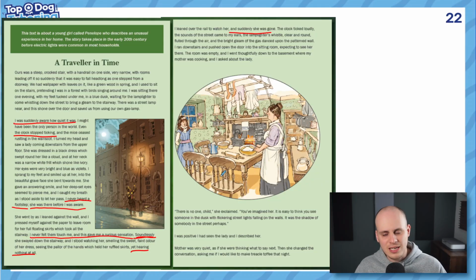I was positive I had seen the lady, and I described her. Mother was very quiet, as if she were thinking what to say next. Then she changed the conversation, asking me if I would like to make treacle toffee that night." So that's a bit mysterious, I think. I think the author has made that sound really mysterious, as if Mum knows something about it, but she doesn't want to say anything. That's the kind of impression I'm getting there.